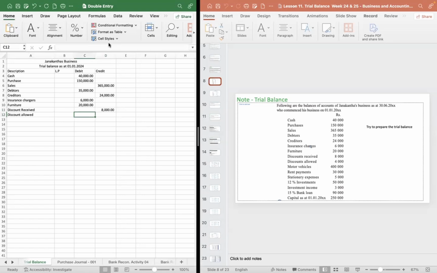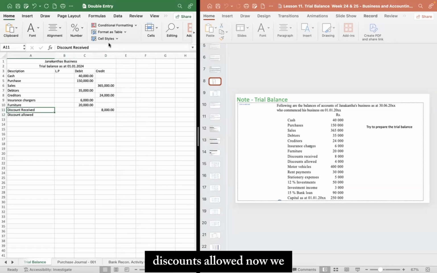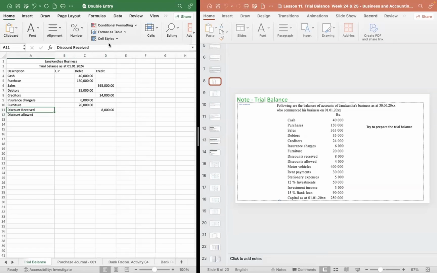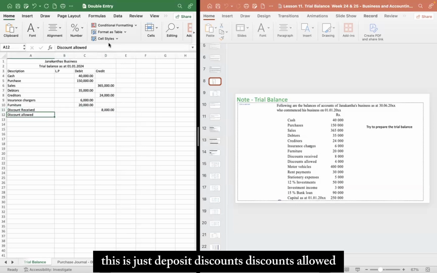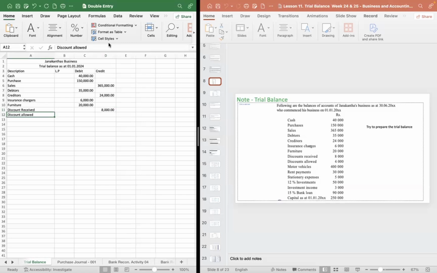We discussed discounts received and said it is an income. This is just the opposite. Discounts allowed: if someone has taken goods from me and when I receive the cash, I tell them I will give them a discount. So what is it? It is an expense to me.